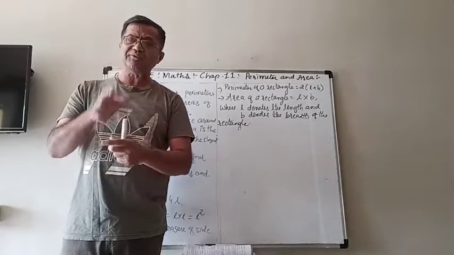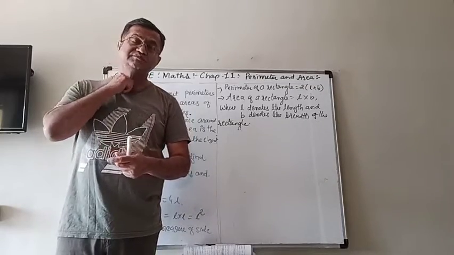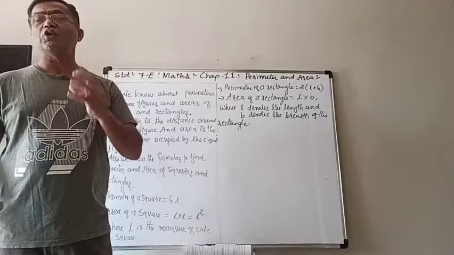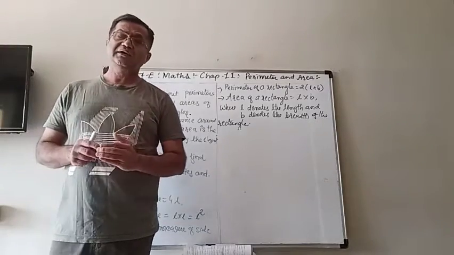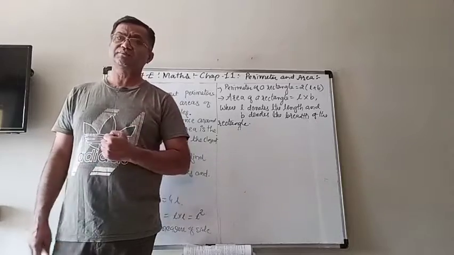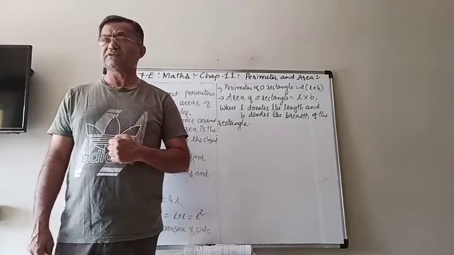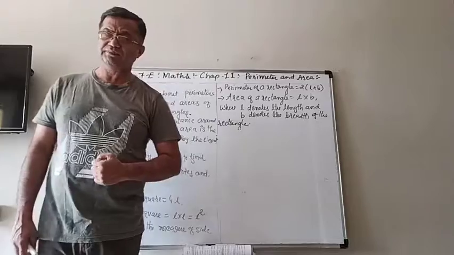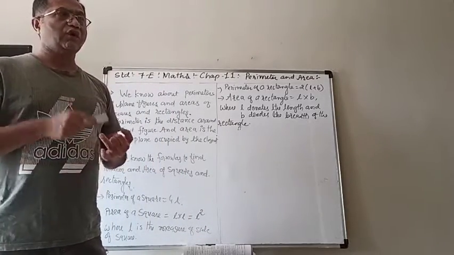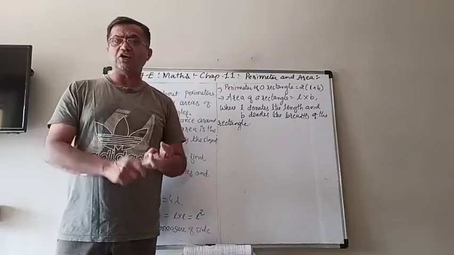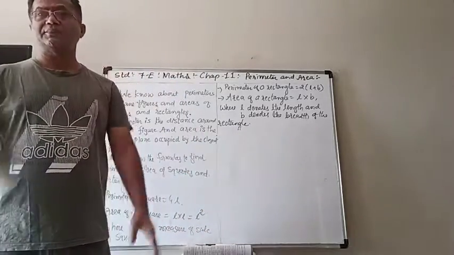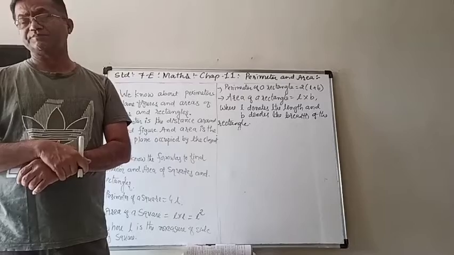If you read the description properly, it will give you an idea. You have to think a little. From your thinking, your observation, your imagination, you will get the idea of what is to be found, the perimeter or the area of the given object.